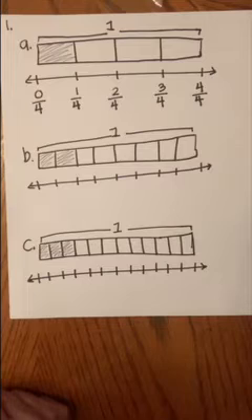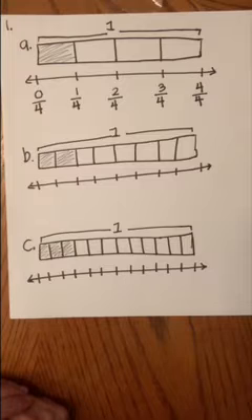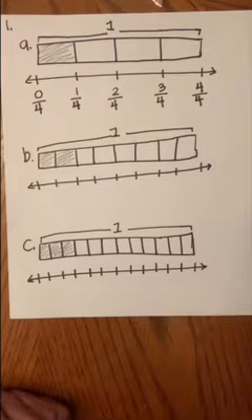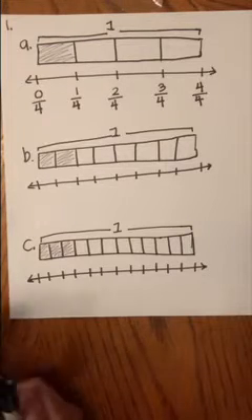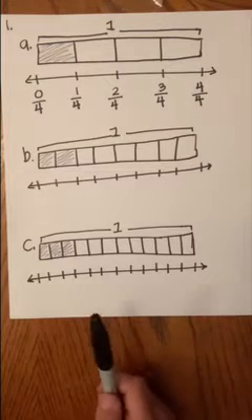So they're asking us to circle the fraction that labels the point on the number line that also names the shaded part of the tape diagram. Okay, well, what part of the tape diagram is shaded? We know that, right? We know it's 1/4, right?